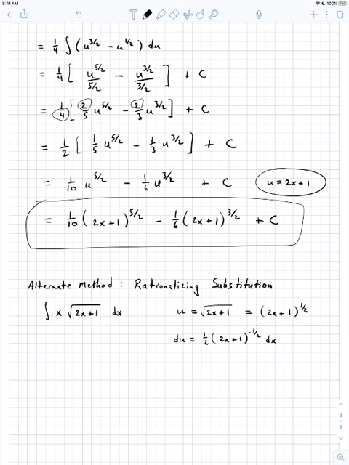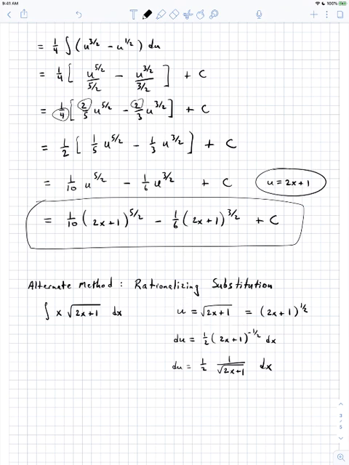However, that's okay, because if I rewrite this just a little bit, this is 1/2 times 1 over the square root of 2x plus 1 dx. Notice that the square root of 2x plus 1 is exactly our choice for u.